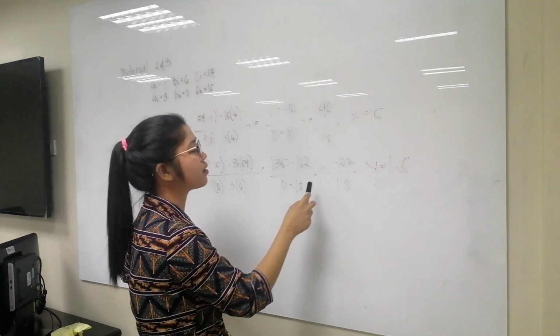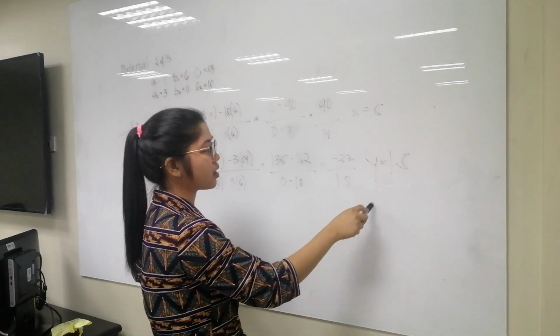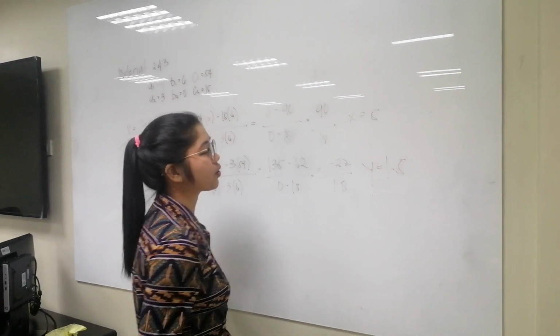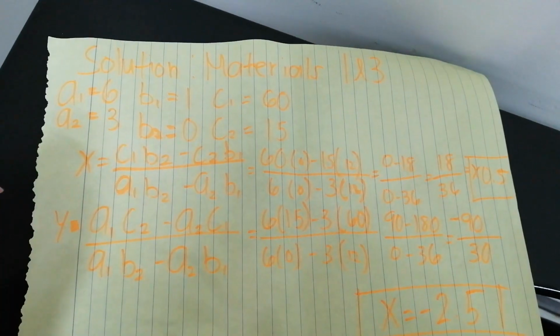Negative 27 divided by negative 18 is equal to 1.5. The answer is y equals 1.5.